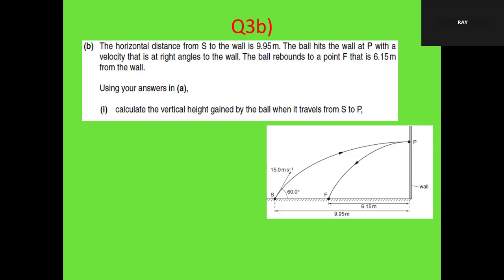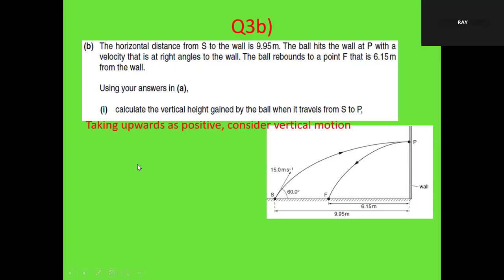How am I going to do that? Finding the time. How do you find the time? V equals U plus AT. Use that distance, right? At P, the vertical velocity is 0 because the ball hits the wall at 90 degrees.